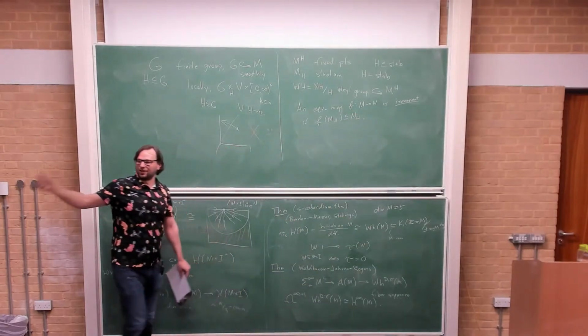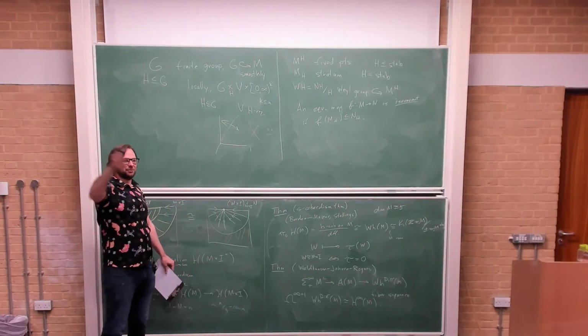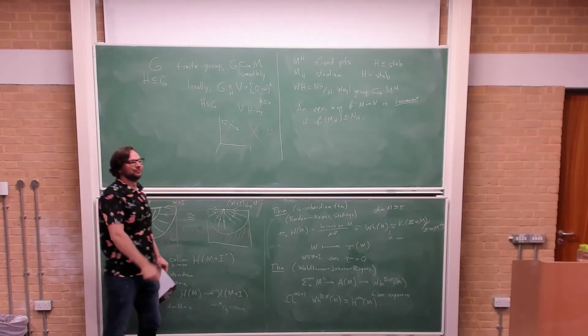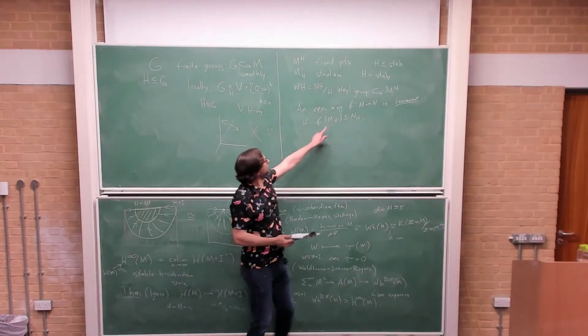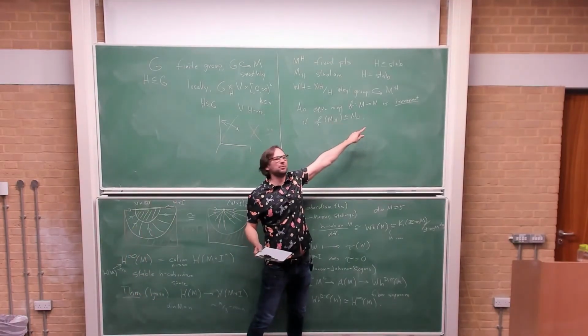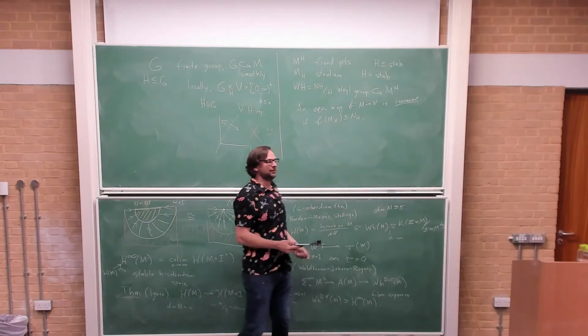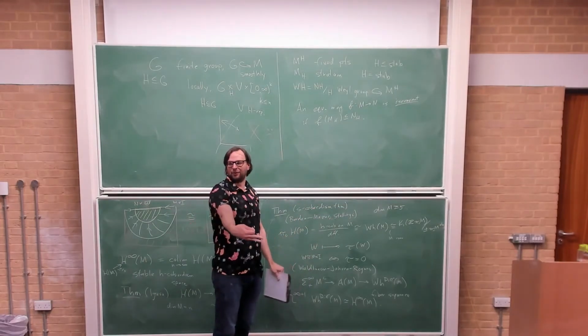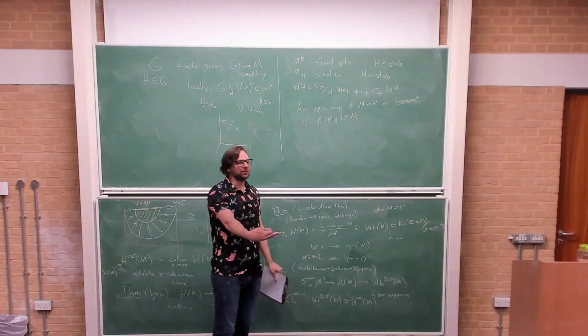So in other words, points that are fixed by exactly H have to go to points that are fixed by exactly H. If this were only equivariant, they could go to points that are fixed by bigger subgroups, right? So you think of an isovariant map as a map that's both equivariant and stratification preserving.